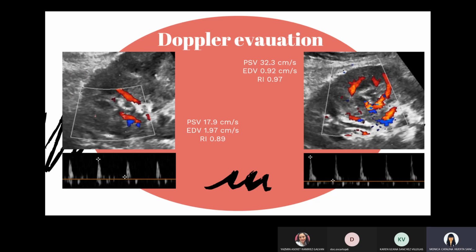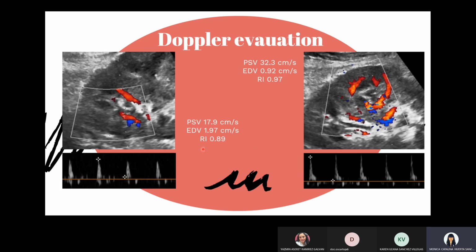While here we can see a preserved color flow, we can also see clear abnormalities in the spectral waveform, because we have an absence of the diastolic flow. In this case, the thing we look for the most is the resistive index.